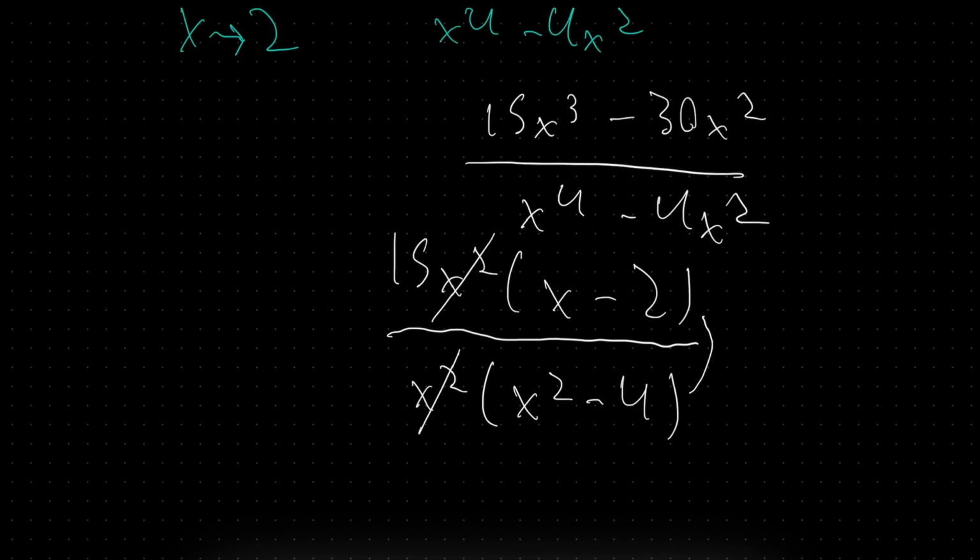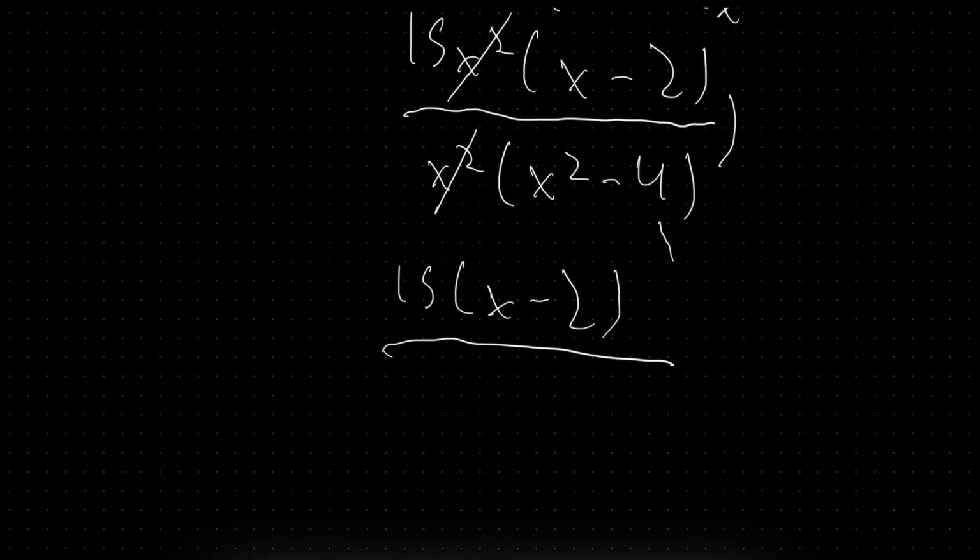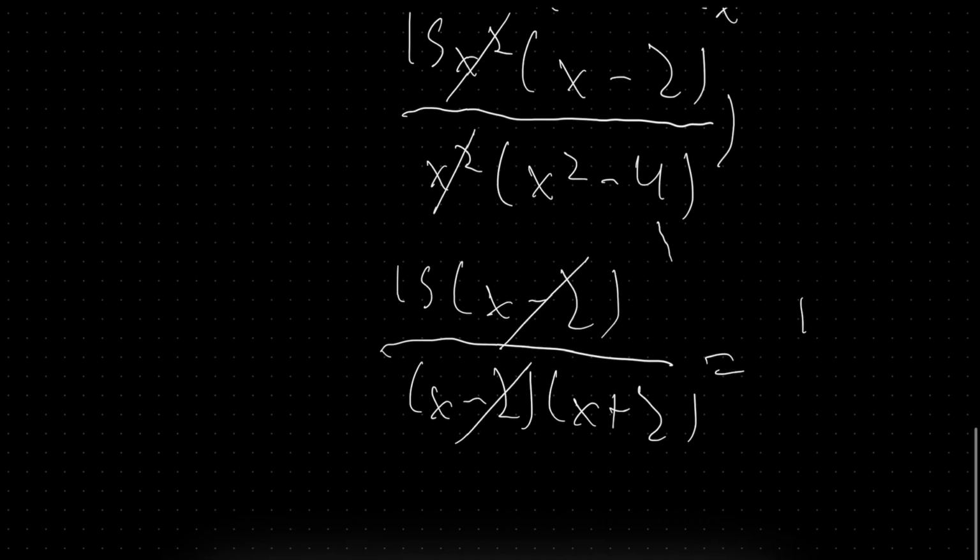You might already see something with these two expressions right here in terms of difference of squares, and we shall get right into that. So 15 times x minus 2, we break this down using difference of squares. We get x minus 2, x plus 2. And these two cancel out, giving us 15 over x plus 2.